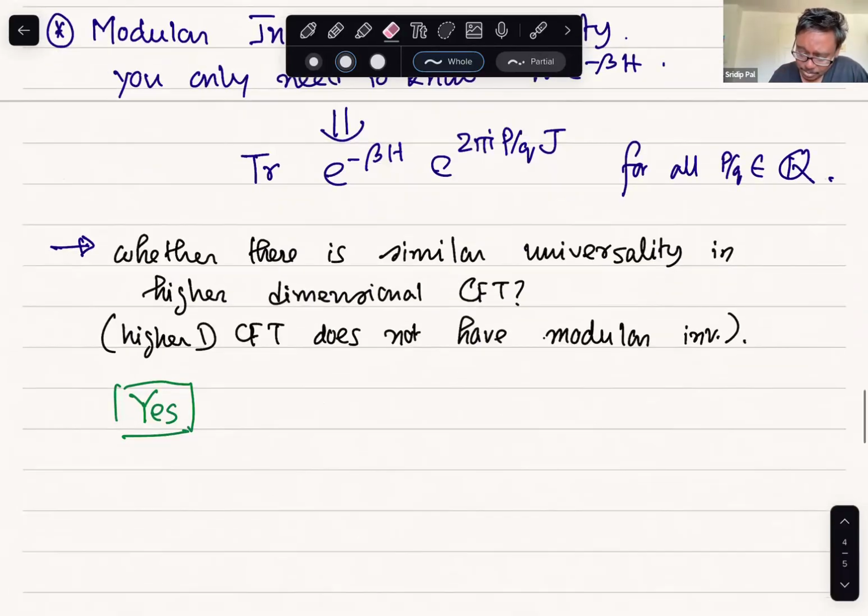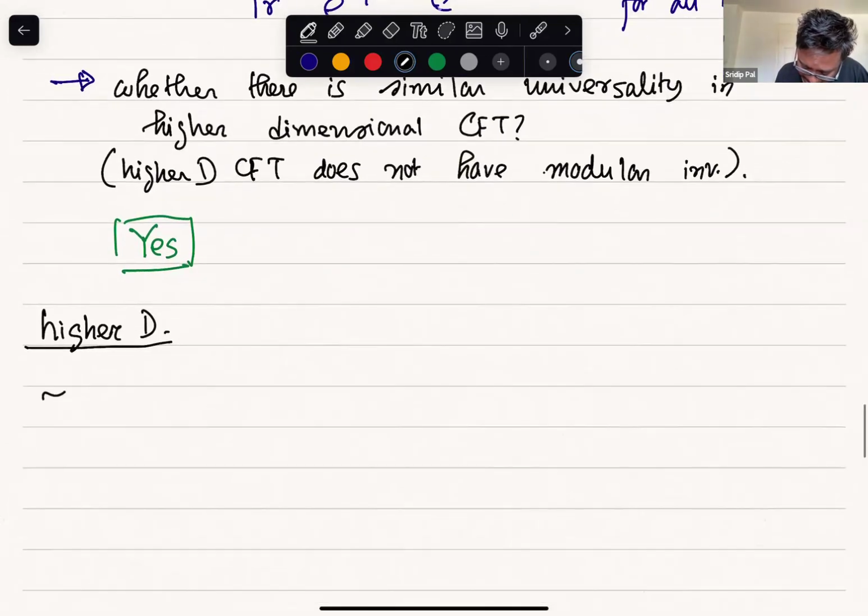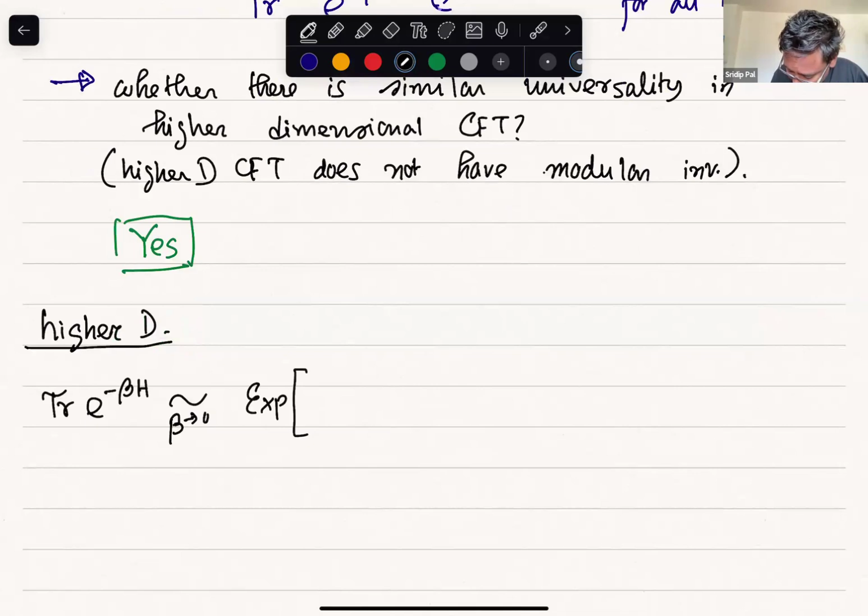So in higher D, let me be slightly more concrete. I will come back and explain this in more detail, but just to give you the flavor of what kind of results we are hoping for: the hope is to first write some expansion for trace e power minus beta h in the beta going to 0 limit. It will be of the form something like this: a1 over beta to the d, plus a2 over beta to the d minus 2, and so on.